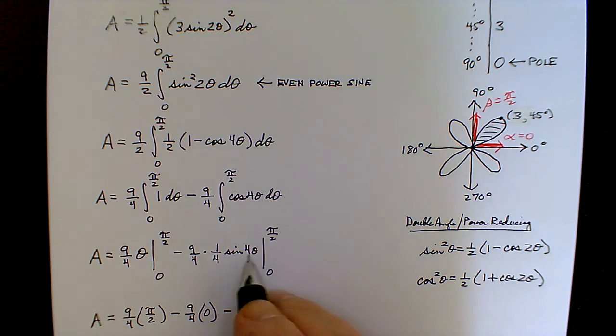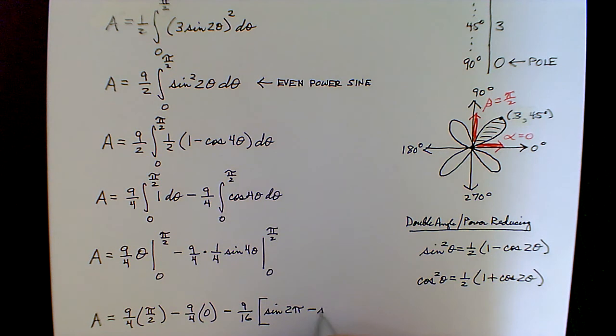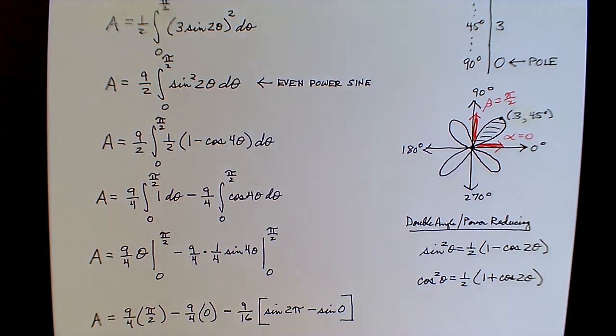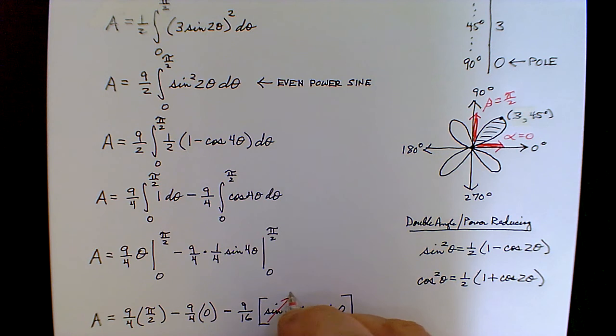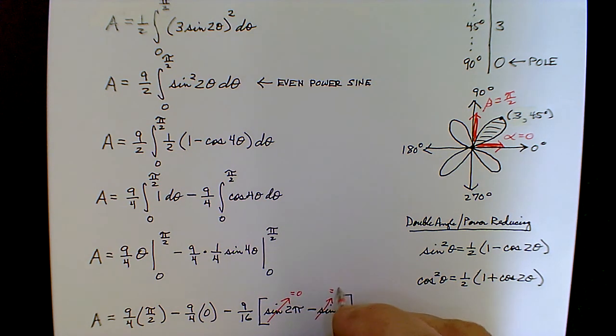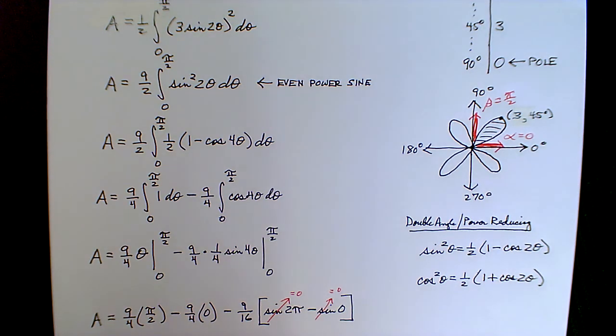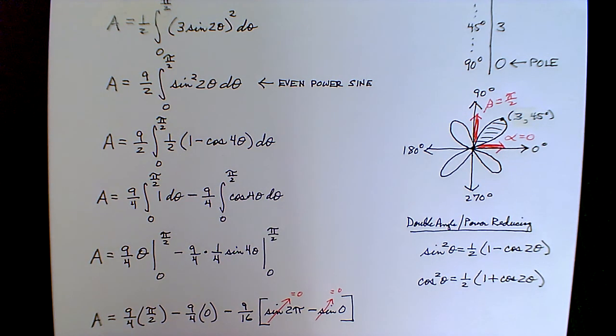And then minus lower limit goes in. Sine of 4 times 0 is 0. Okay, so then we have sine of 2 pi, which is the sine of 360. That's equal to 0. Sine of 0, also equal to 0. 9/4 times 0 is a 0. So we just get 9 pi over 8.